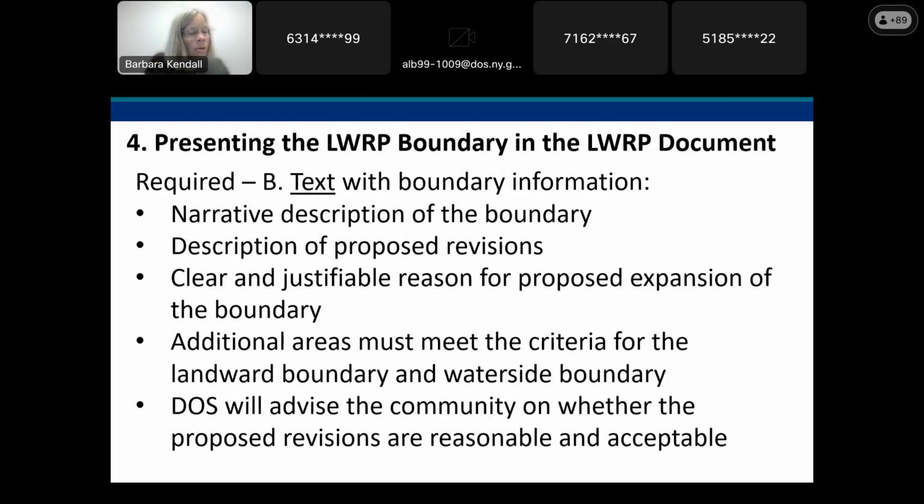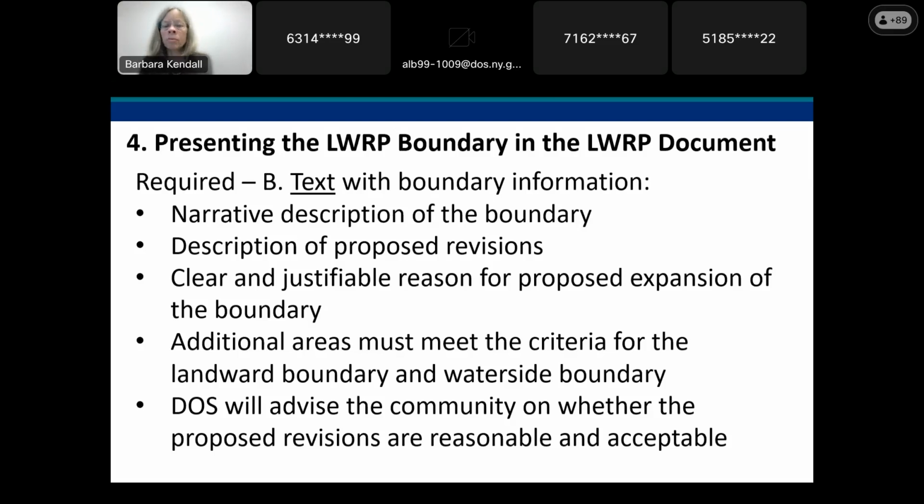Then in addition to the map, you need to have a narrative, and this narrative describes that boundary. It doesn't have to be metes and bounds, but it should be a description of, you know, corner of this road and this road to the corner of this road and this road.